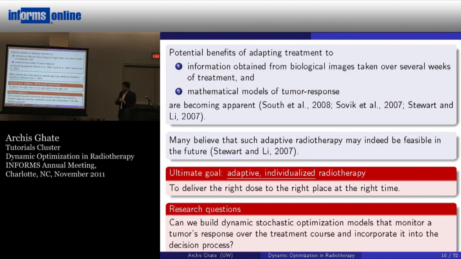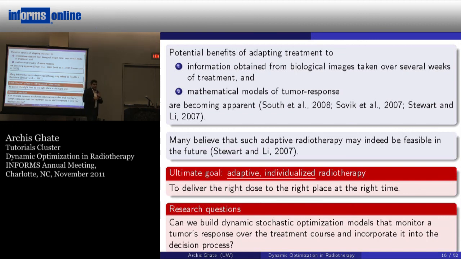And I am not a biologist, so as an operations research person, my research question or interest is really, can I come up with some kind of stochastic dynamic optimization models that can start thinking about getting here? As I said, the models that are more common are static and deterministic. So my research question is, can I build dynamic stochastic optimization models that will eventually help us get here?